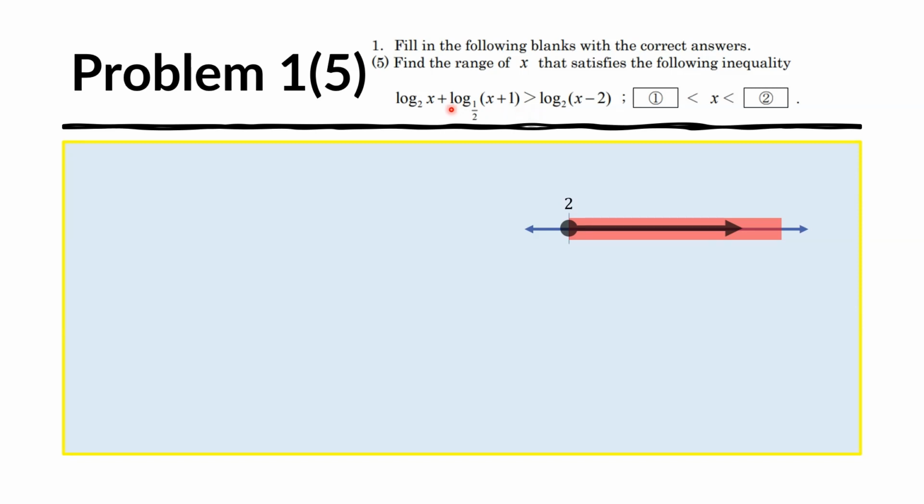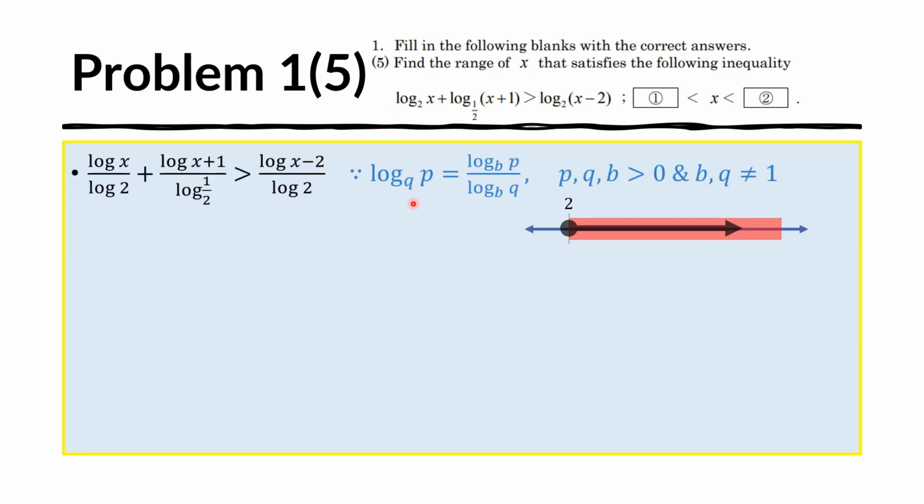And so the first step is to make sure that the bases are the same, because it's easier to visualize them that way. And we use the following identity: log of p base q is equal to log of p over log of q. So the q here goes inside to the base b, and b doesn't even matter.